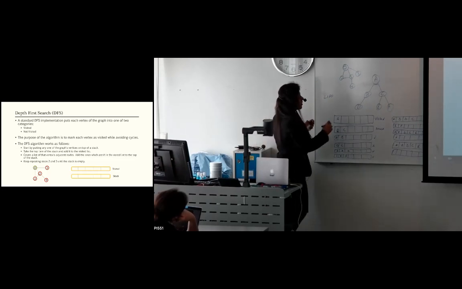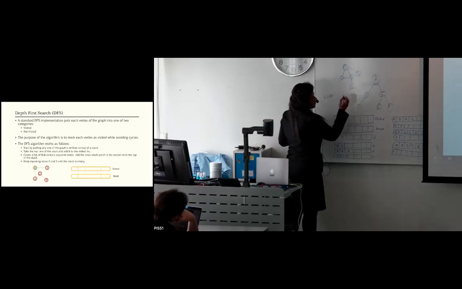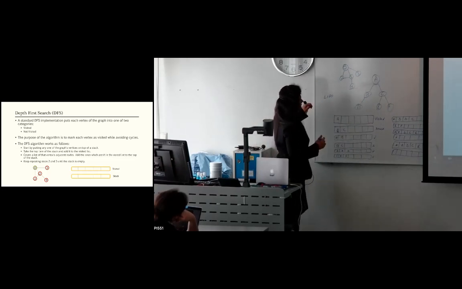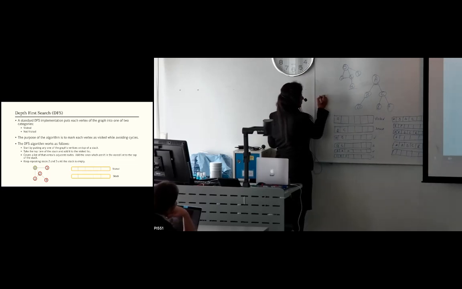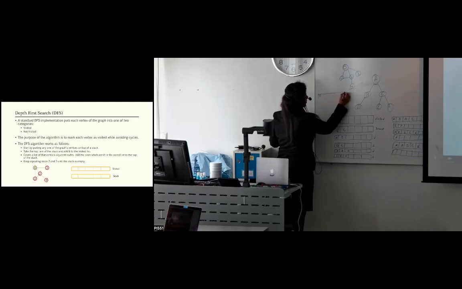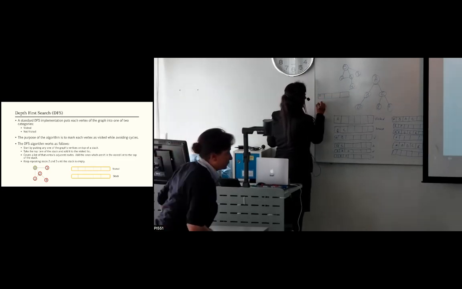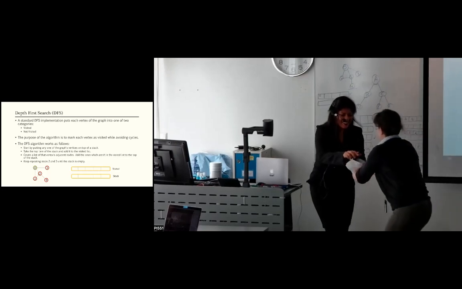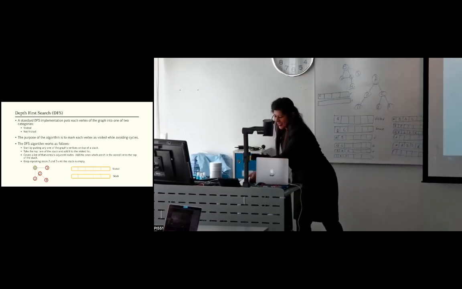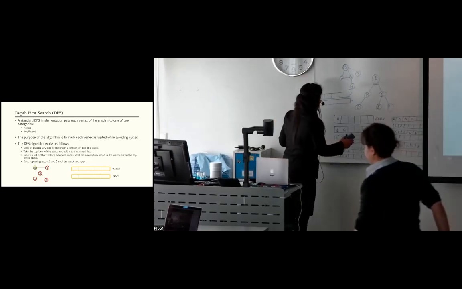So now we are going to solve this. How can we solve it? If we just start with 0 on the visited list, 1, 2, 3 are on the stack.